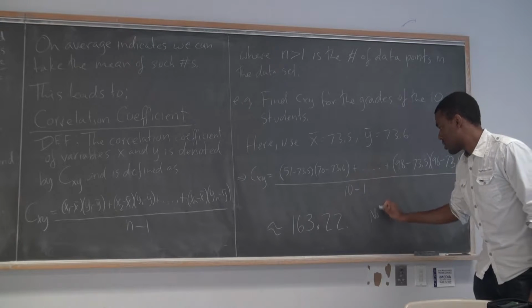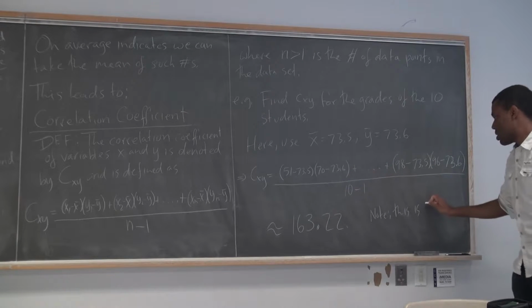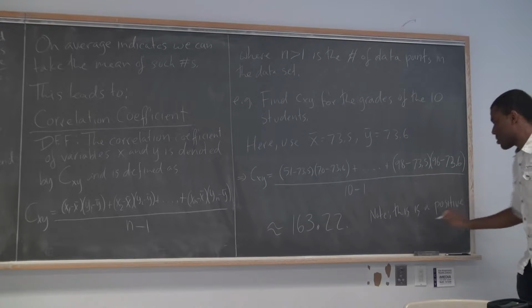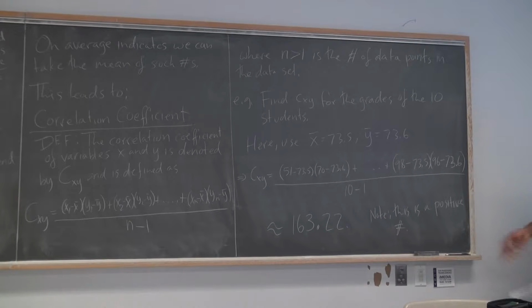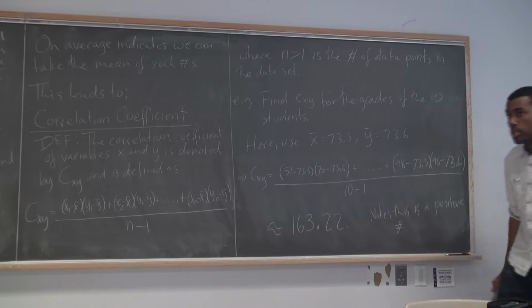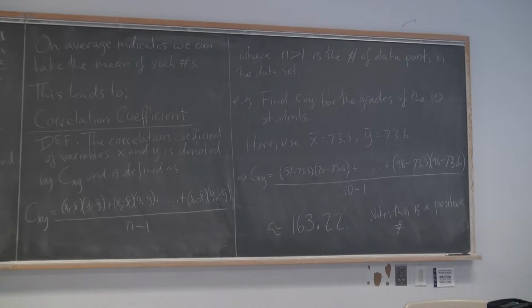Note, this is a positive number, right? Kind of leading towards the idea that we had before. There was some sort of positive trend. If I connected a line to get as close to all these points as possible, it should have a positive slope. So I'd expect a positive number here. That is called the correlation coefficient.